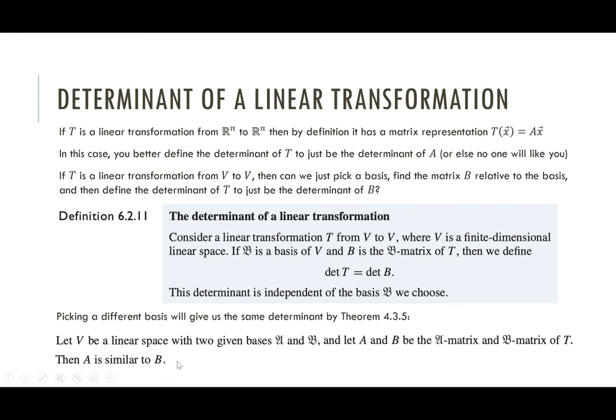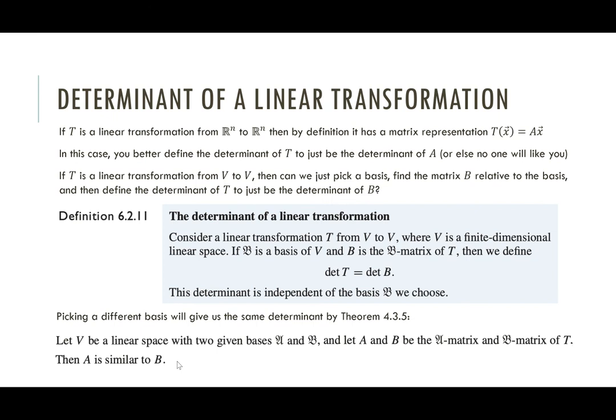So that was just a long-winded way of saying that if you have two different bases, the matrix representations under those bases are similar. And then as we just saw, similar matrices have the same determinant. So it didn't actually matter which basis we chose.